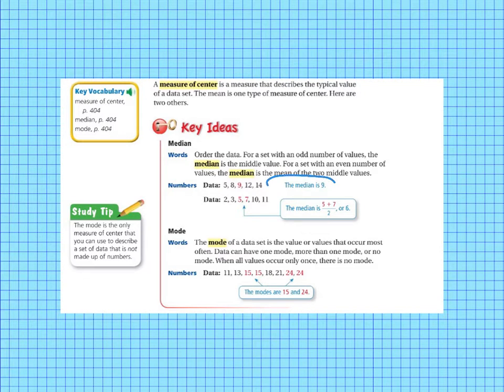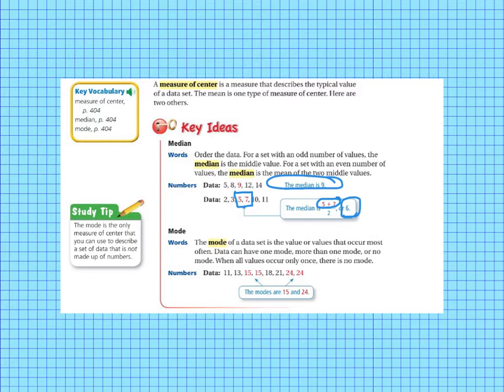And the second example, the data is 2, 3, 5, 7, 10, and 11. Since there are two middle values, 5 and 7, the median is 5 plus 7 divided by 2, which is 6. So we just average those two middle values.